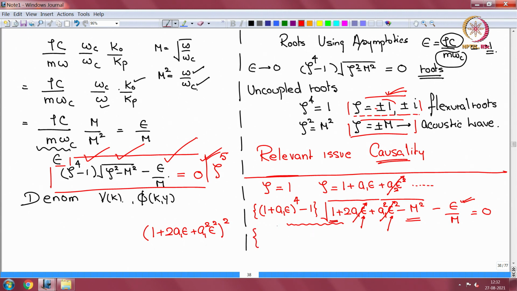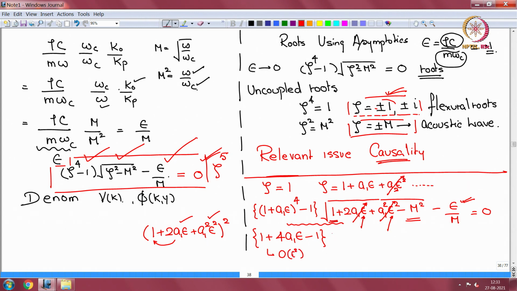So I get 1, this squared gives me epsilon squared, this squared gives me epsilon fourth, only this gives me another next epsilon term, any other gives me higher orders in epsilon. So I get plus 4 a1 epsilon minus 1. There are other terms, but they are all order epsilon squared, etc.